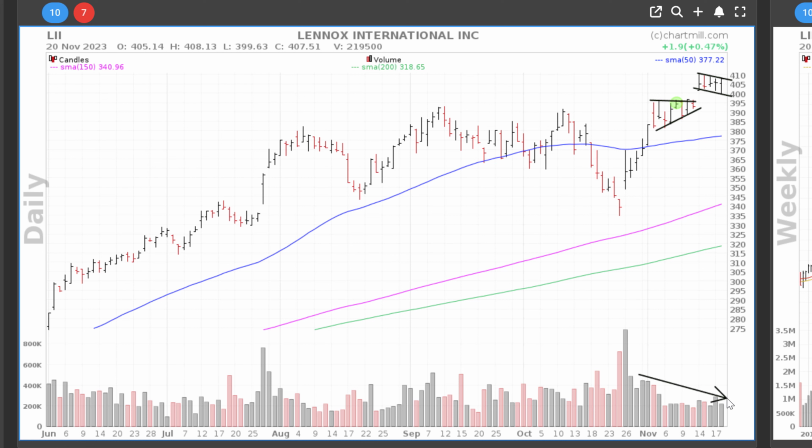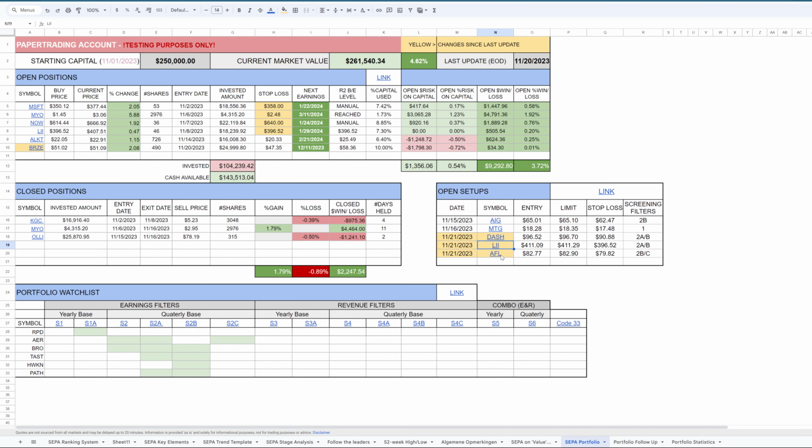Volume is declining. So clearly a volatility contraction. So I'm going to try to add to the position if the high of this candle can be taken out. So the high is at 410.92 and my entry for an add-on is 411.09 with a limit at 411.29.